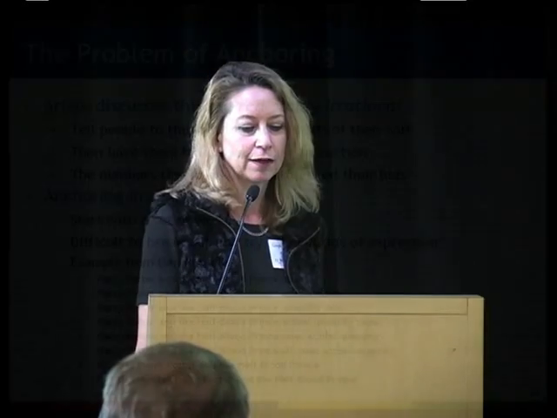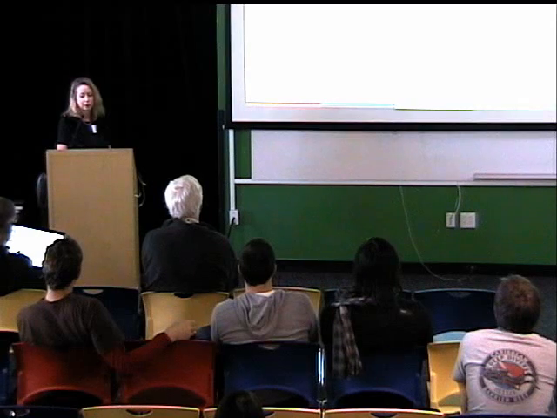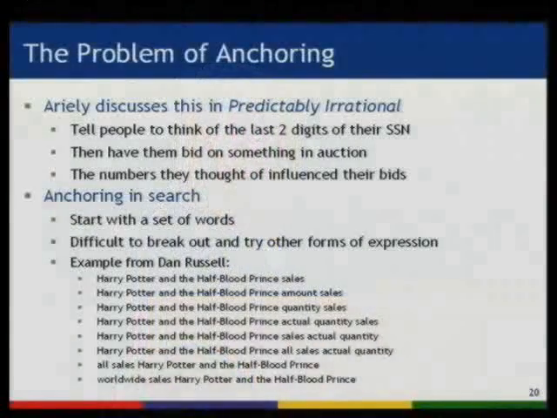And then the last problem is anchoring. I don't know if any of you have read Predictably Irrational by Dan Ariely. I recommend it as a fascinating book, primarily about how money influences society and changes behavior. There's a lot of fascinating details about how people react in this book.